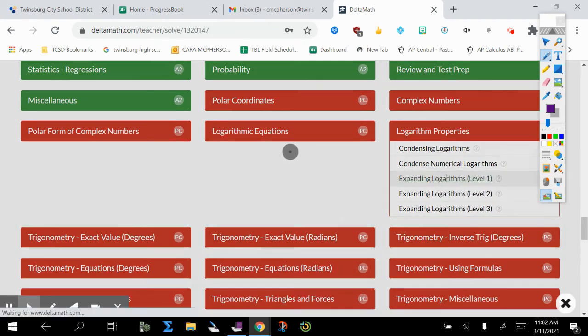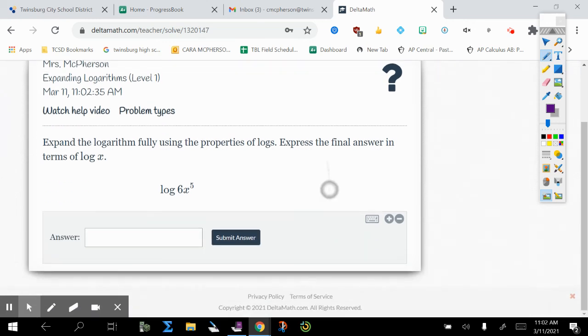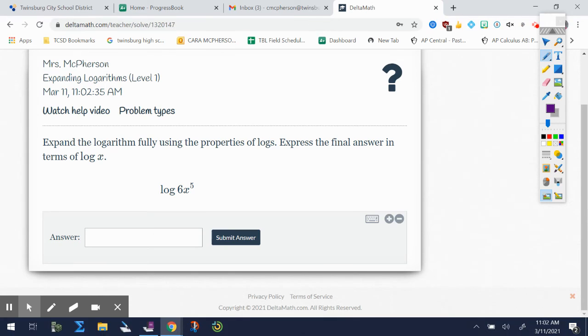So with our logarithm properties, you're going to see something like this, where you're going to be asked to expand. One thing I noticed, as I said, they tend to do all common log in Delta Math, which is fine. It's a little easier to write, but the properties don't change. So when I expand this, I'm going to pull apart the 6 and the x to the 5th with addition, and then I'm going to bring the 5th power in front. So my answer is going to be the log of 6 plus 5 log of x.